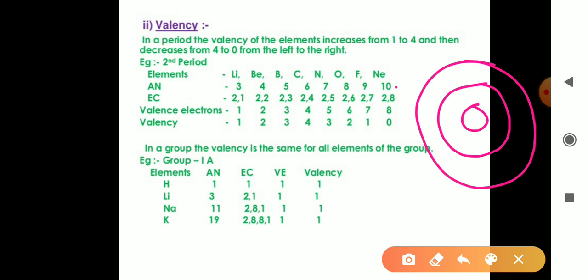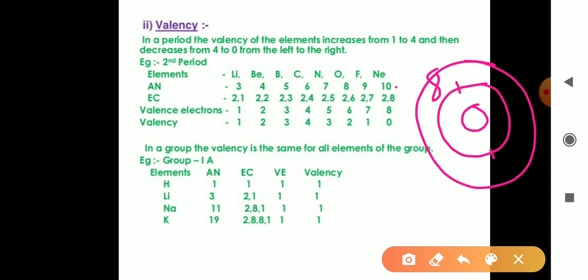Okay. Now we know shell capacity. So 2 electrons in first shell. Now in second shell, remaining electrons, so total electrons are 10. In first shell there are 2, so remaining 8 electrons are in the second shell.